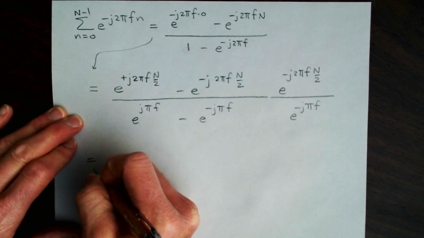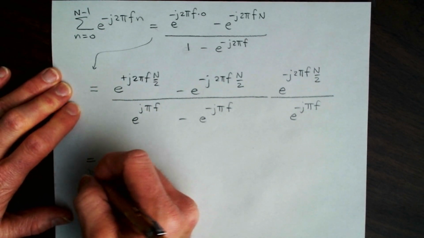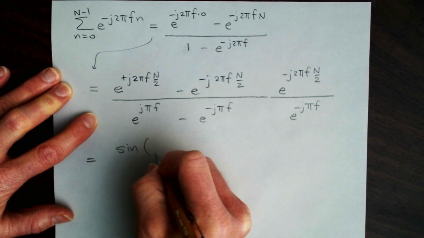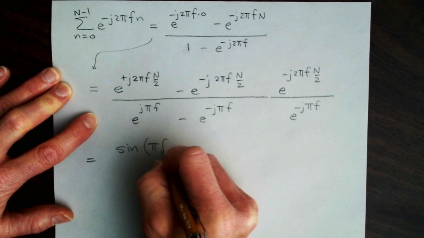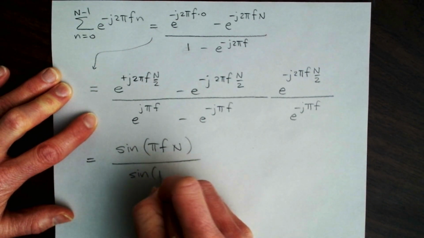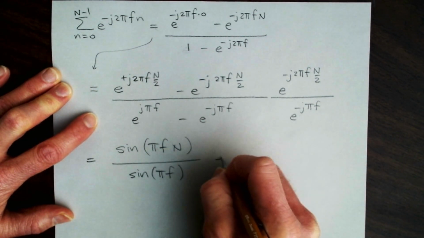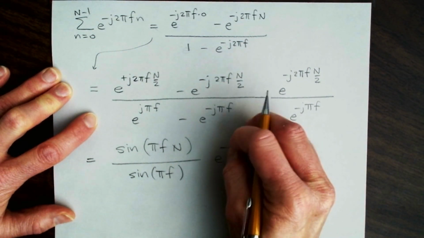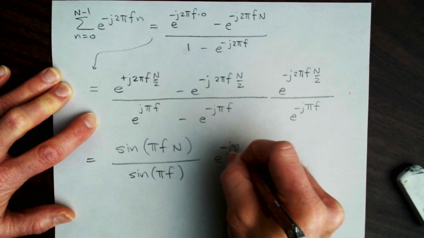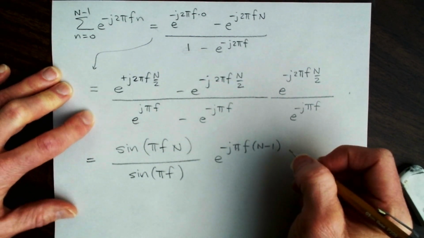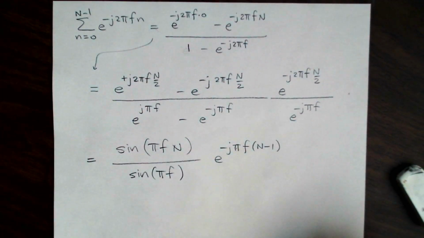So multiplying top and bottom by 2j will allow us to see the sinc function showing up explicitly, and I believe this is the form of the final answer.